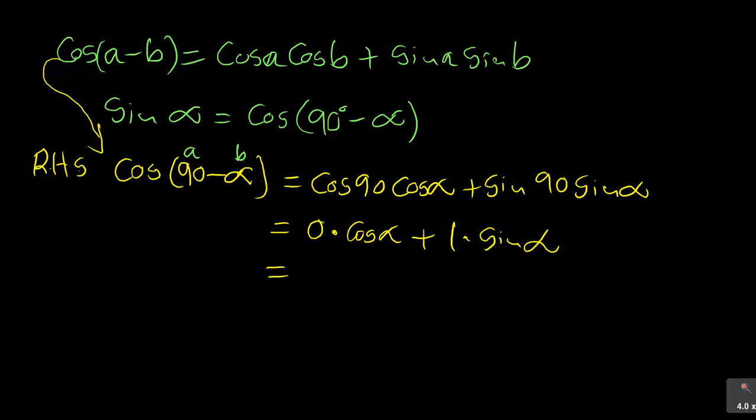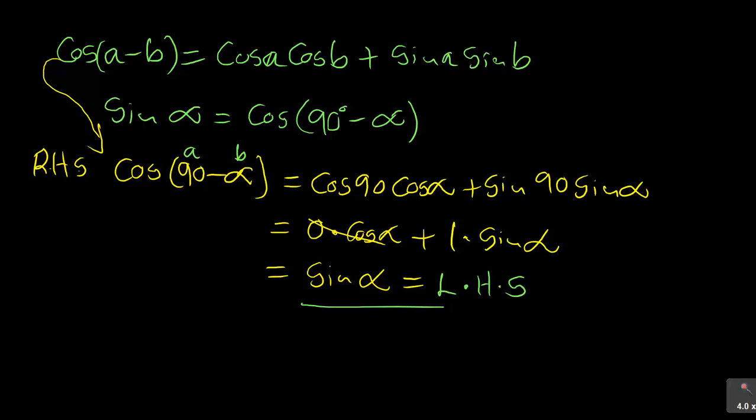So this one cancels, and you've got sine that, which is equal to my left hand side. So I've shown that this simplifies to that. It was not a complicated question, this is just what we use to prove that.